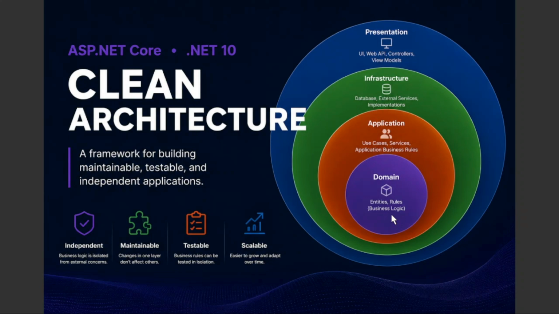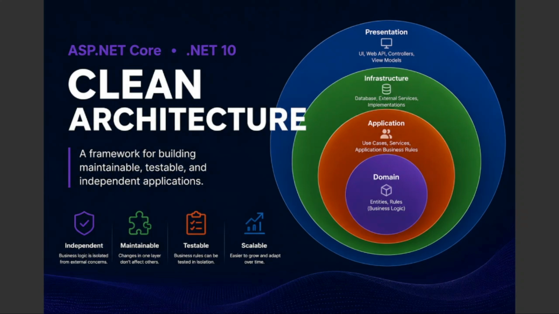These circles represent layers of responsibility. The closer we move toward the center, the more important the code becomes. The center contains the heart of the application. The outer layers contain implementation details. Dependencies always point inward.